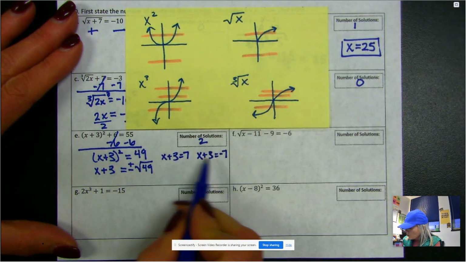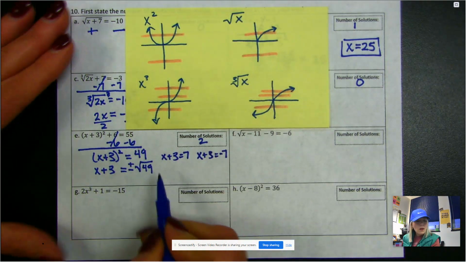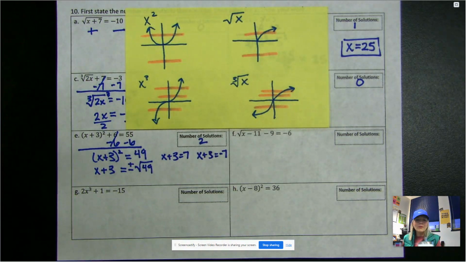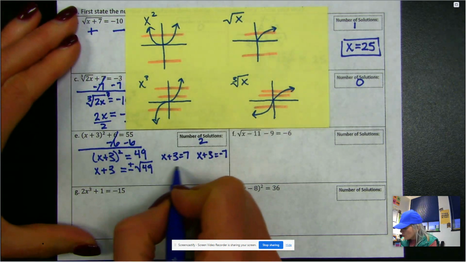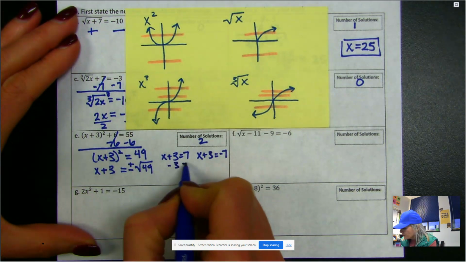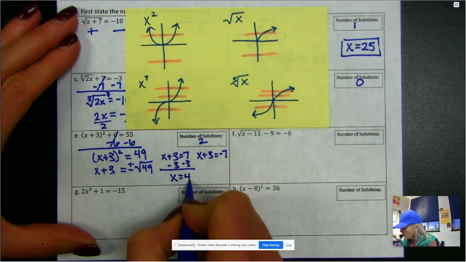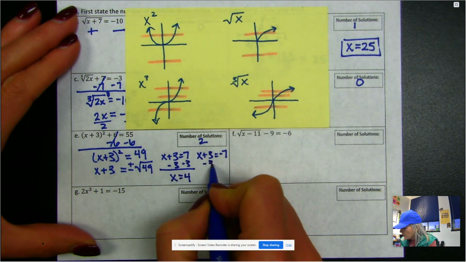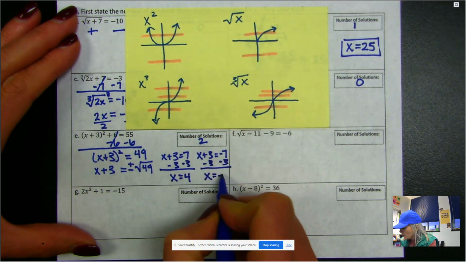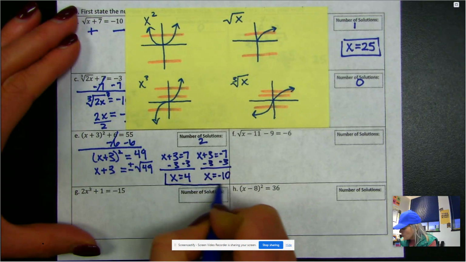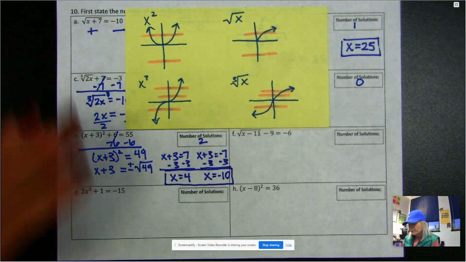So those are the 2 roots of 49. Okay, so we solved both of these by subtracting the 3. That's going to give us a value of 4. And over here, negative 7 minus 3 is equal to negative 10. So those are the 2 solutions there.